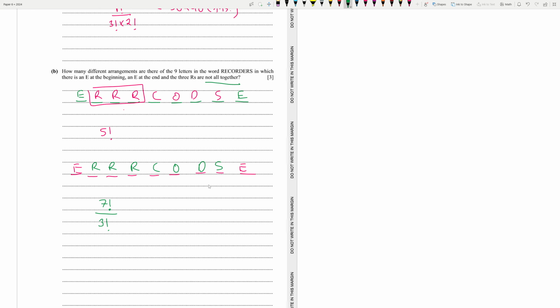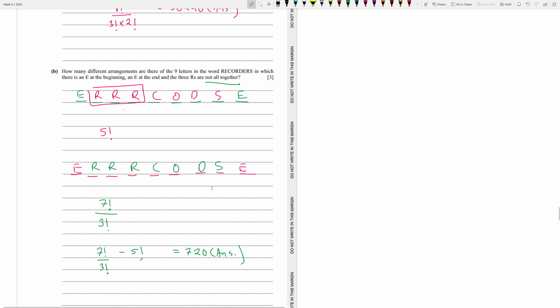Now we are going to find the answer where the R's are not all together, which is 7 factorial by 3 factorial minus 5 factorial, which is 720. Okay, great.